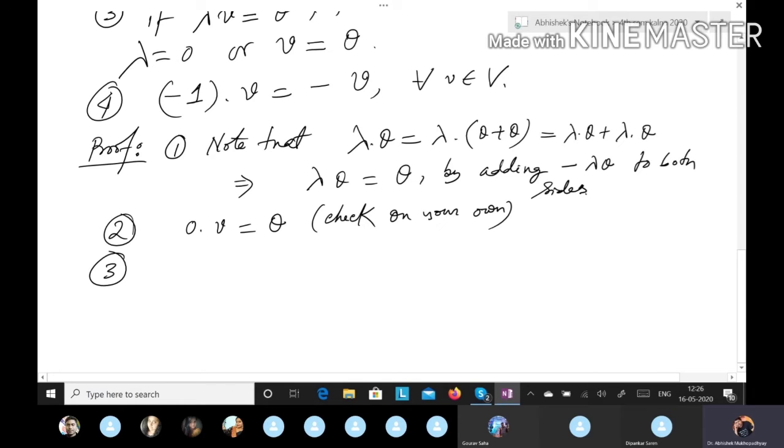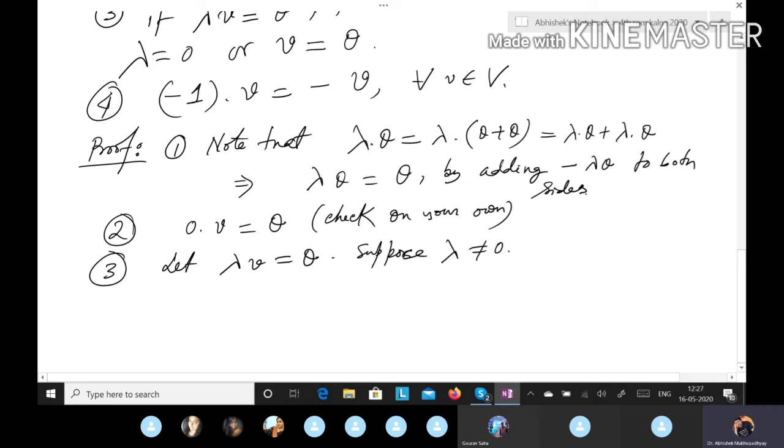Number 3, now let lambda V equal to theta. So suppose the scalar lambda is non-zero.